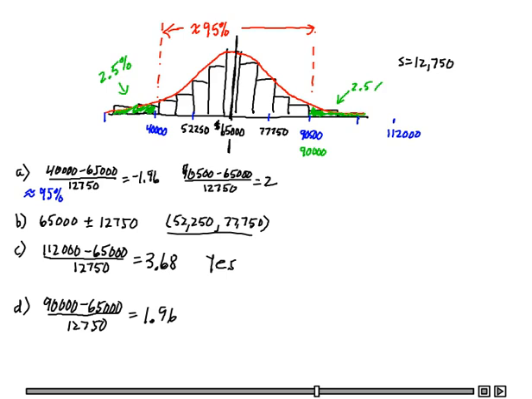Again, 95% in the middle between the 2 standard deviation marks, and then 5% outside of that. By symmetry, half that 5% will be on the upper end, half on the lower end. So the answer is approximately 2.5% of the homes will be priced above the 90,000.